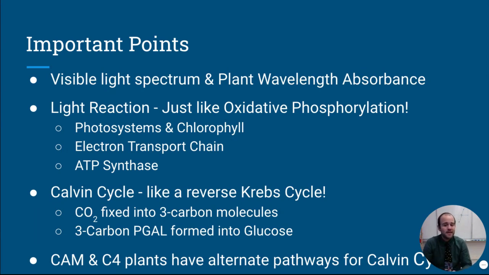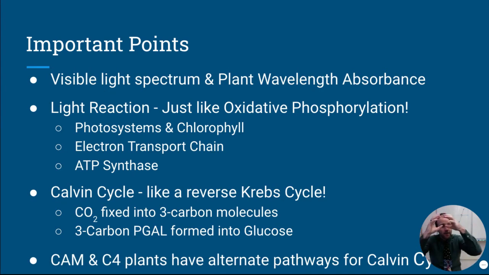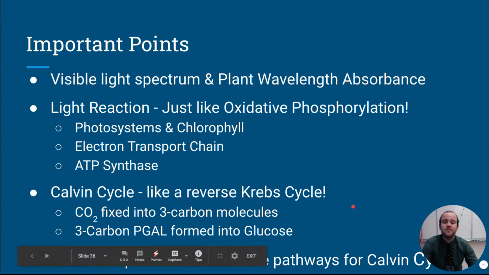Those 3 carbon PGALs are then linked together to form glucose. And then finally, CAM and C4 plants have those alternate pathways for the Calvin cycle where they store CO2 as a 4-carbon molecule away from the oxygen so that there's not too much Rubisco photorespiration. And then they use it when they need it to make sure they can survive in their hot or arid environments. Hopefully you learned something about photosynthesis.